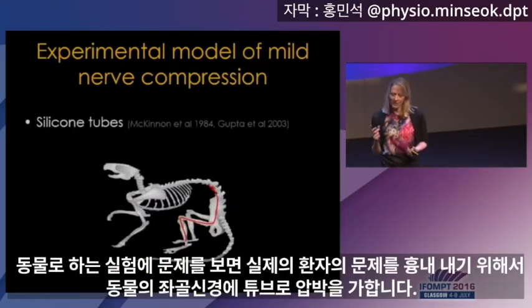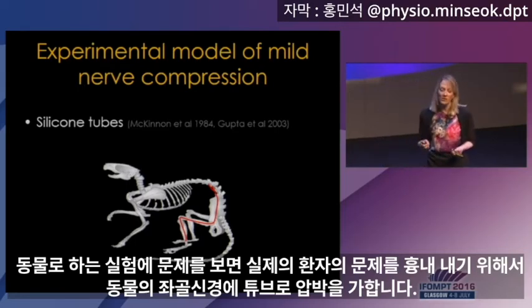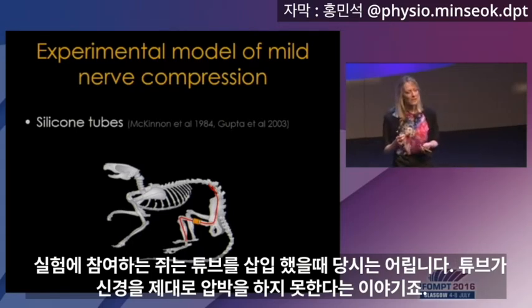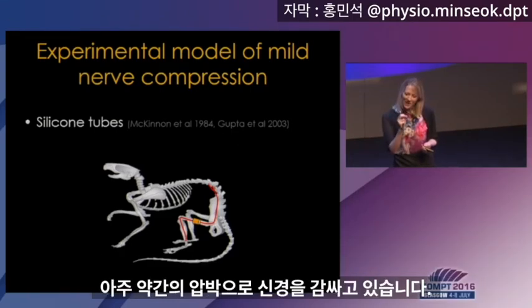Now, in order to address this problem, we refined an animal model that mimics mild nerve compression. And we did that by operating a silicone tube around the sciatic nerve of rats. Now, these rats are young at the time of the tube placement, meaning that the tube itself does not constrict the nerve, but is just snugly sitting around that nerve.